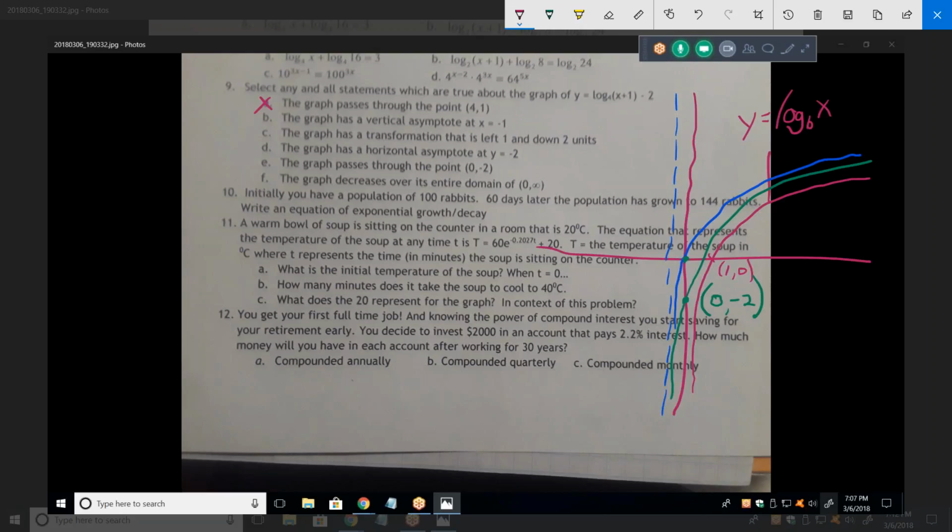The graph has a vertical asymptote at x equals minus 1. True or false? True. The graph has a transformation that is left 1 and down 2. Yes, true. The graph has a horizontal asymptote at y equals minus 2. False.